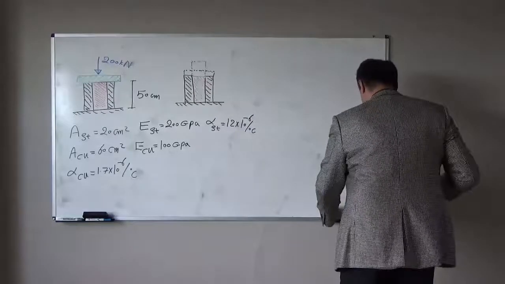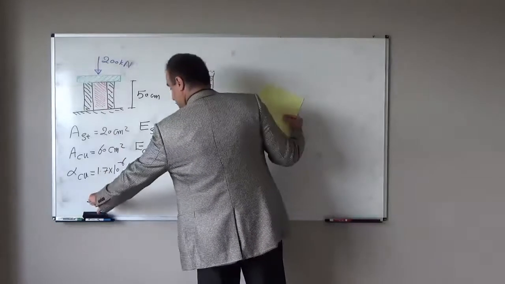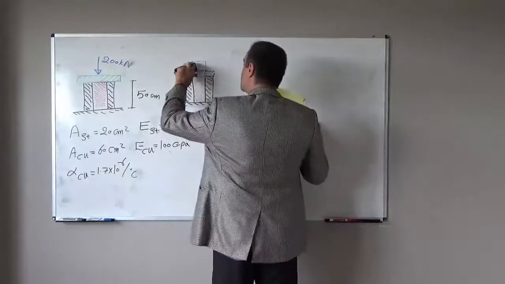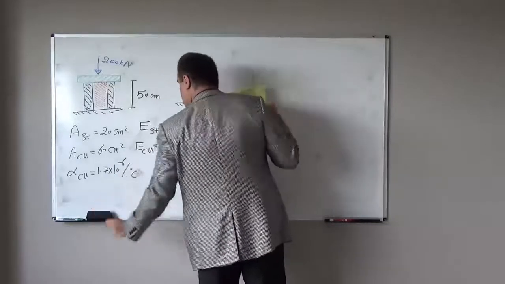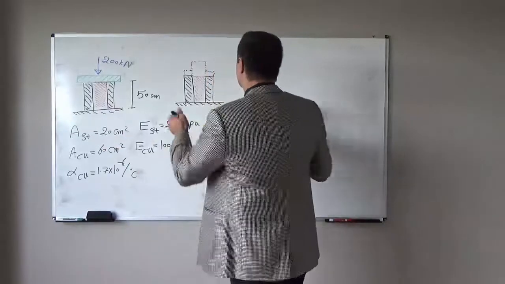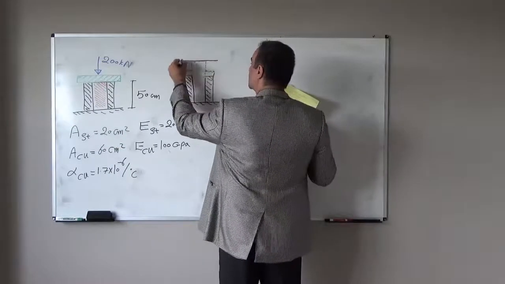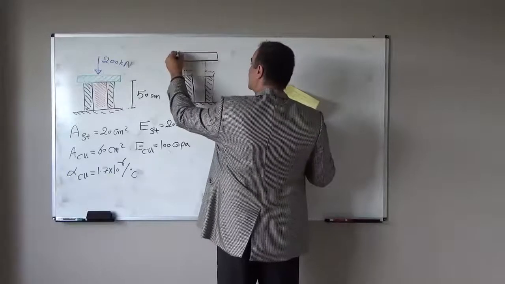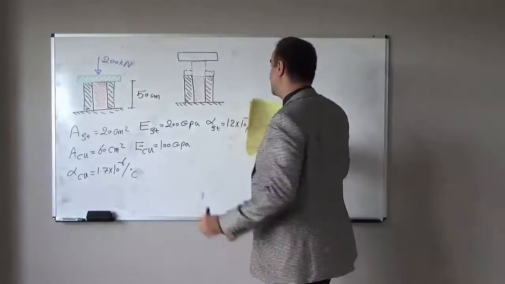Now, if we apply force, and we want the force to transfer only to the copper, not steel, what will happen? If we don't have that force, that plate will come here. This will be the position of that plate.